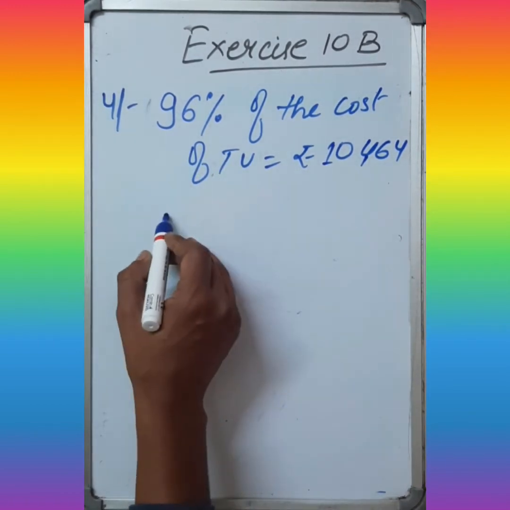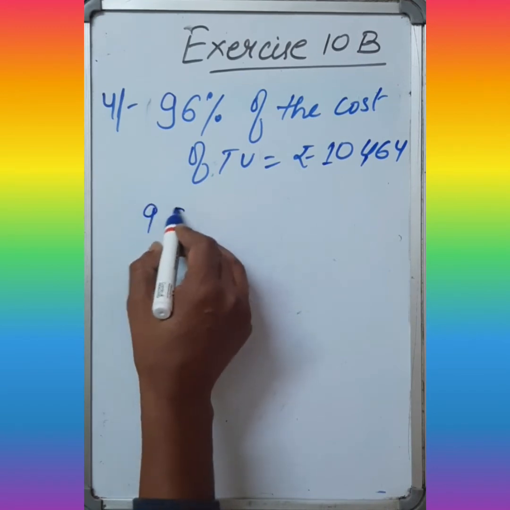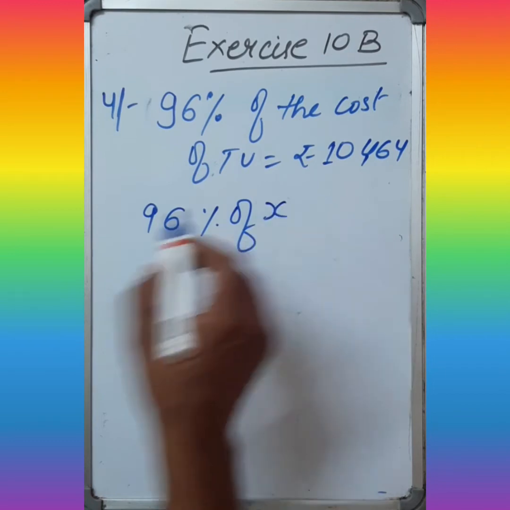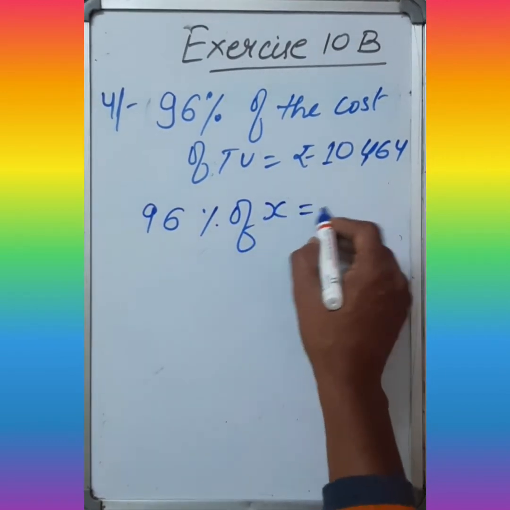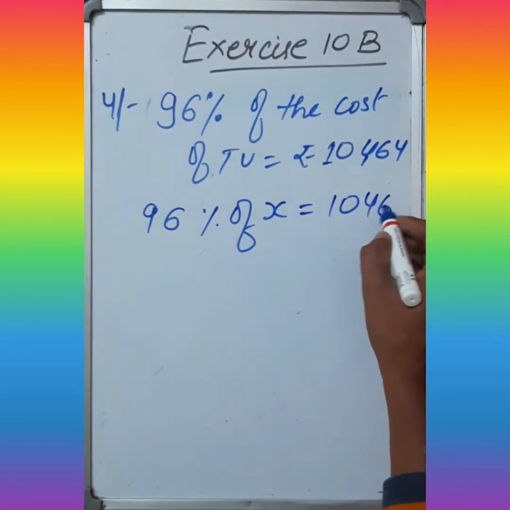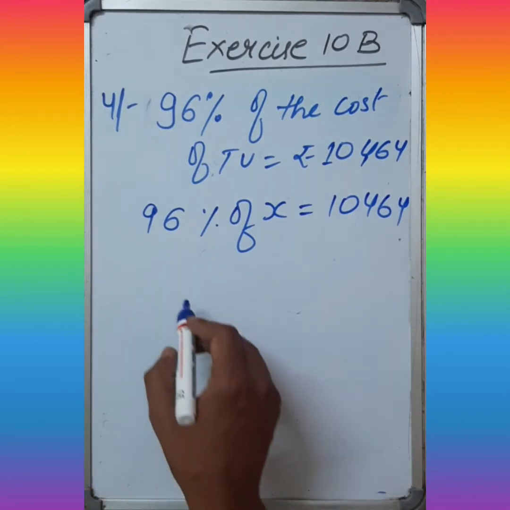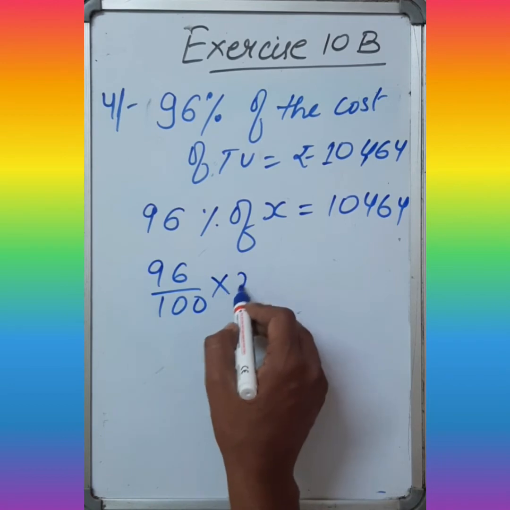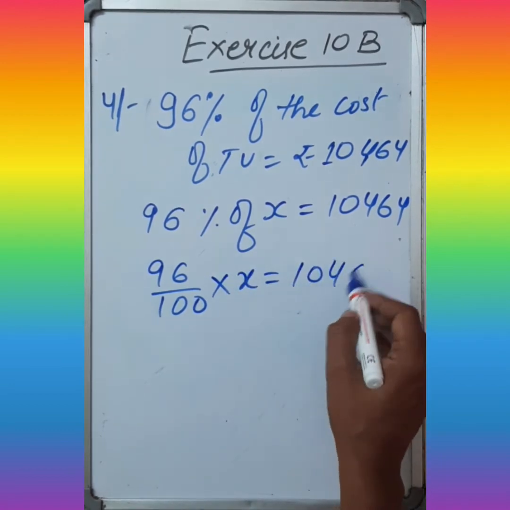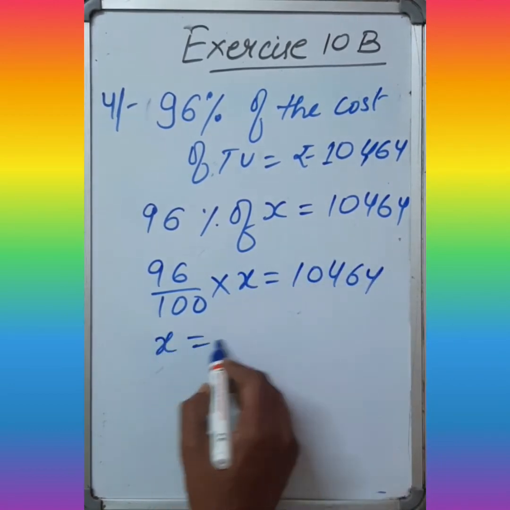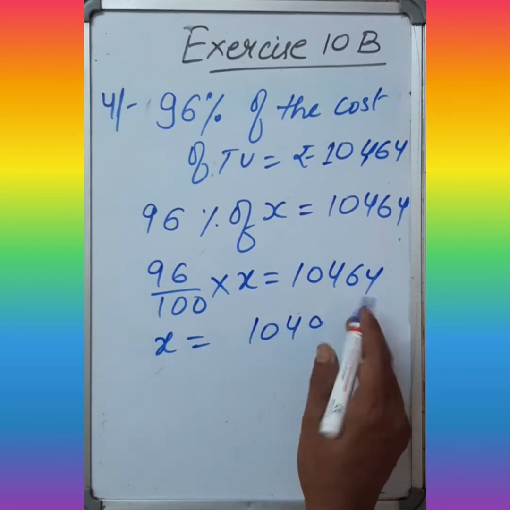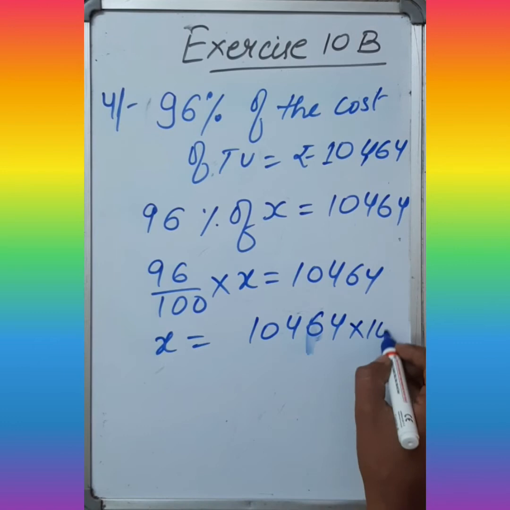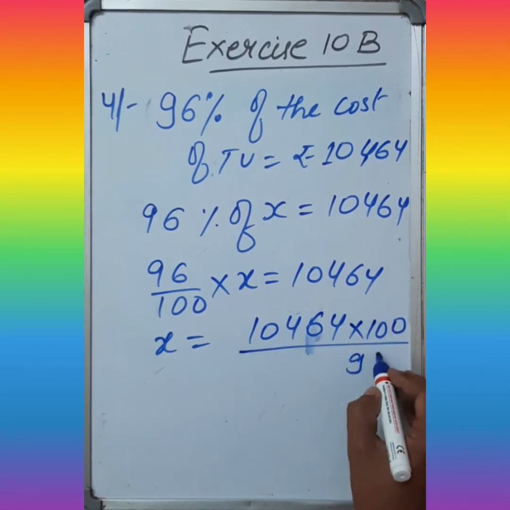It is the value of 96% of the total value. Let the total value be x. So 96 upon 100 into x equals 10464. X equals 10464 into 100 upon 96.